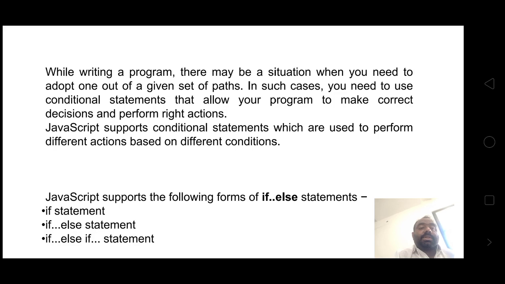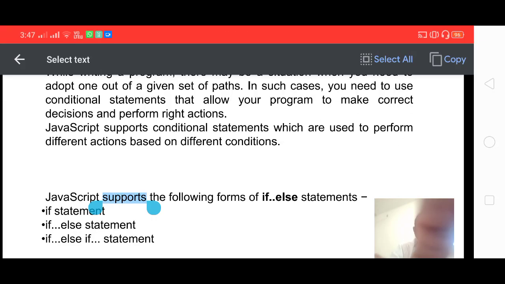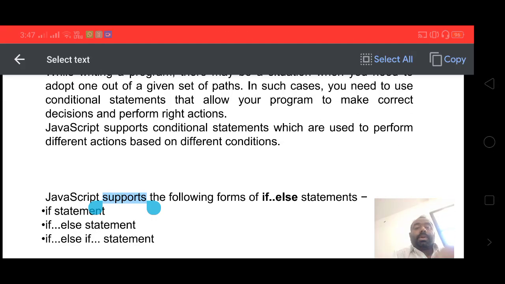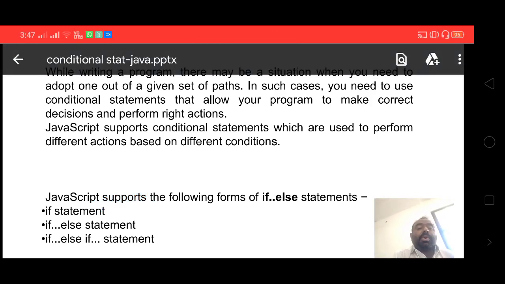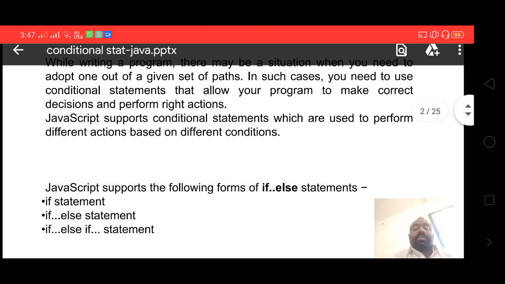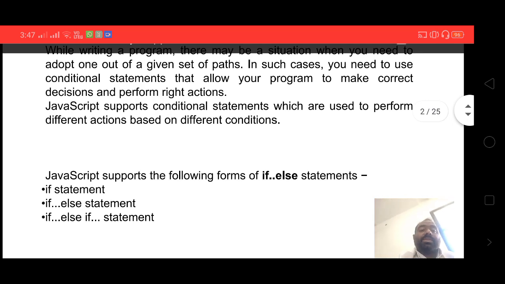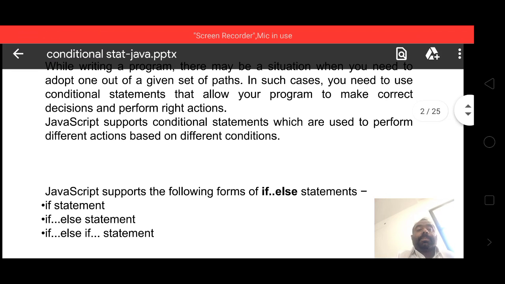In such cases, you need to use conditional statements that allow your program to make correct decisions and perform the right actions. JavaScript supports conditional statements, which are used to perform different actions based on different conditions.